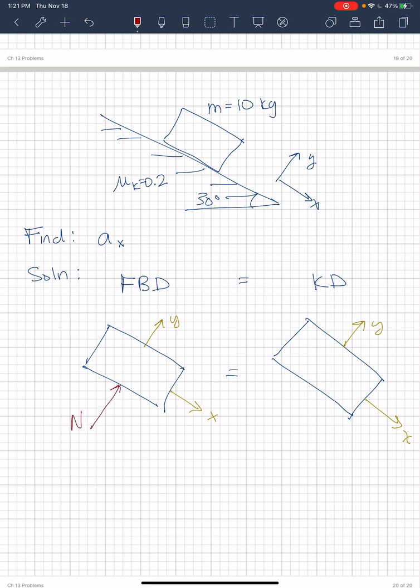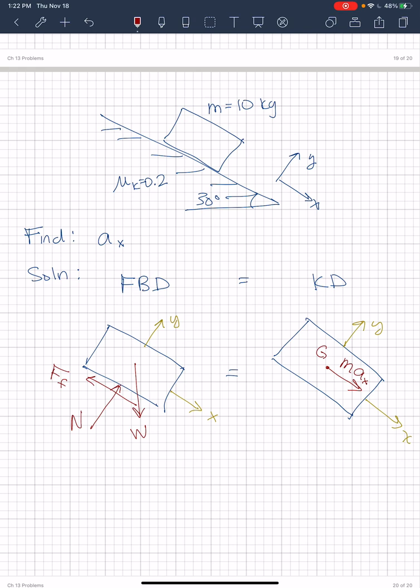We have the force of friction. We have the weight of it. And that's going to be all on that side. And then for this one, we have the G at the center, and that's going to be mass times acceleration in the x direction.